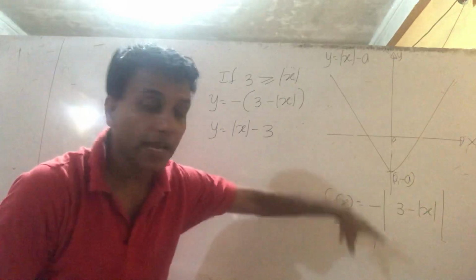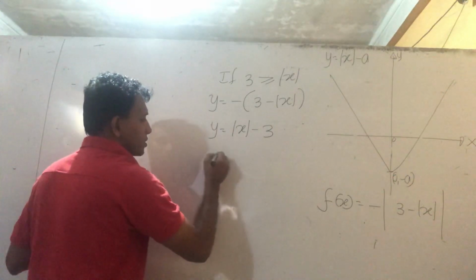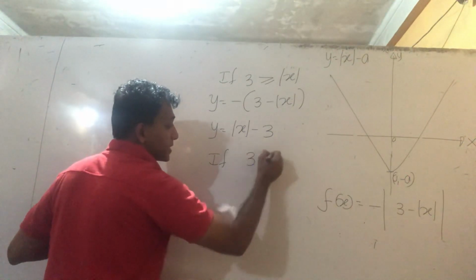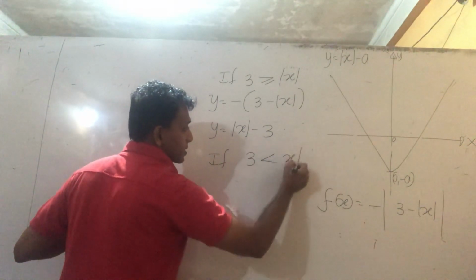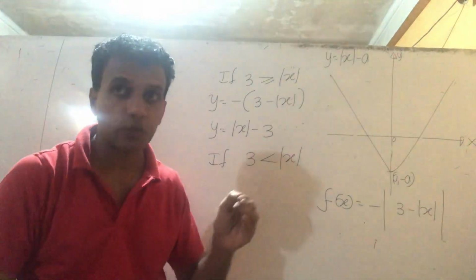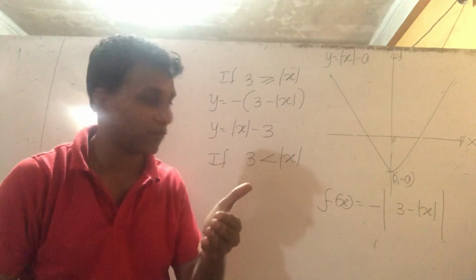So what happened on the other side of the function, if 3 is less than mod x? For every modulus there are 2 parts, a positive side and a negative side, right? I hope you completed the theory class, everything.